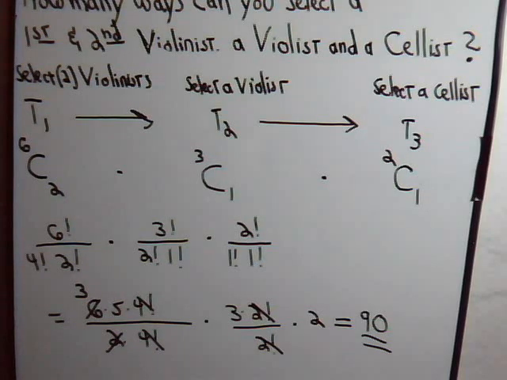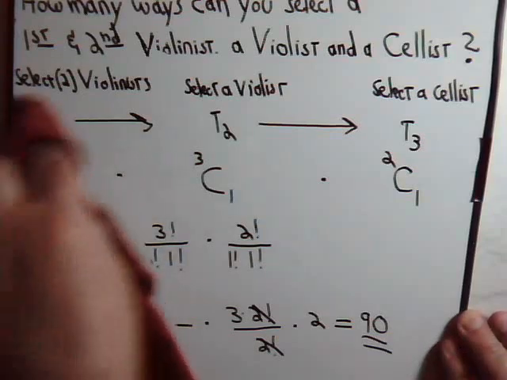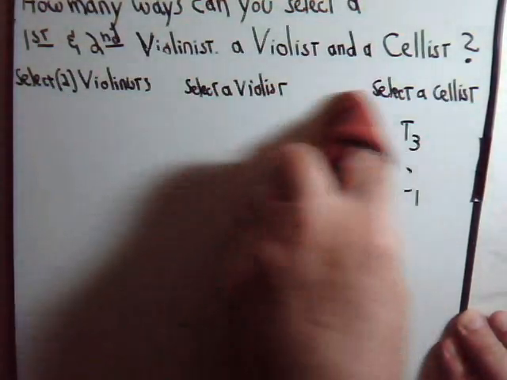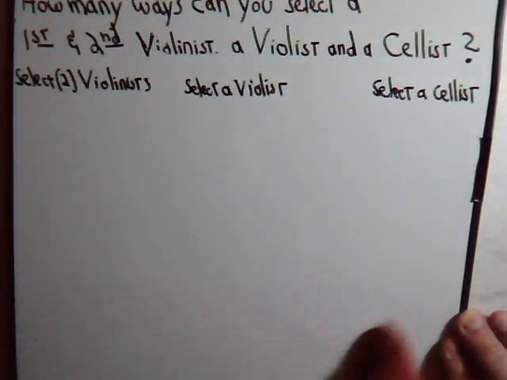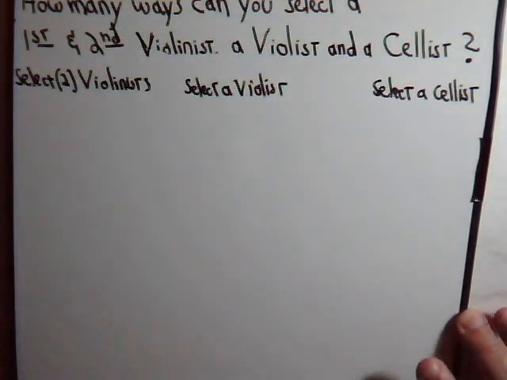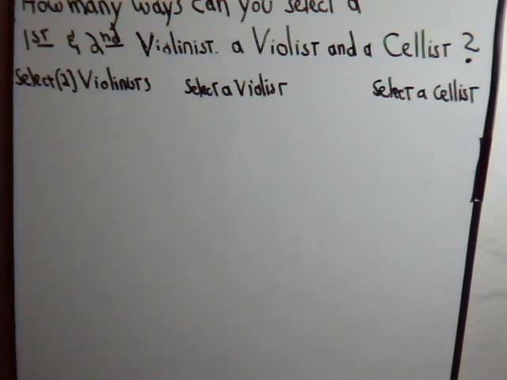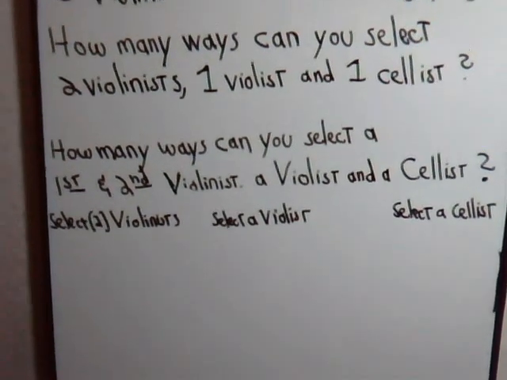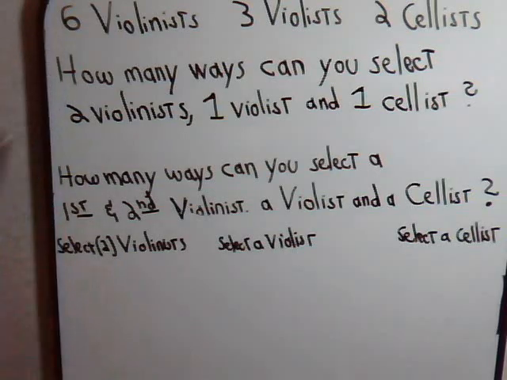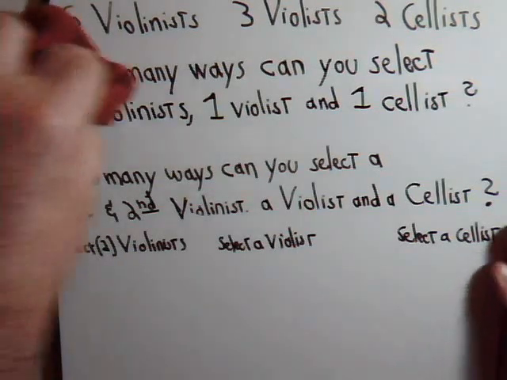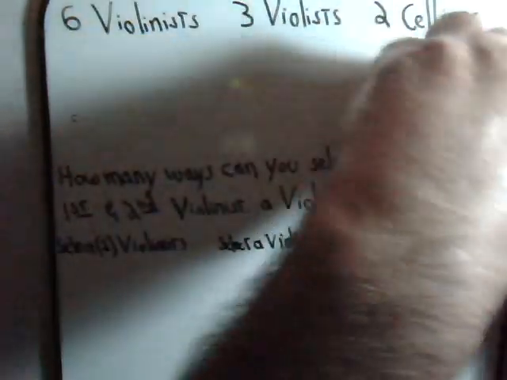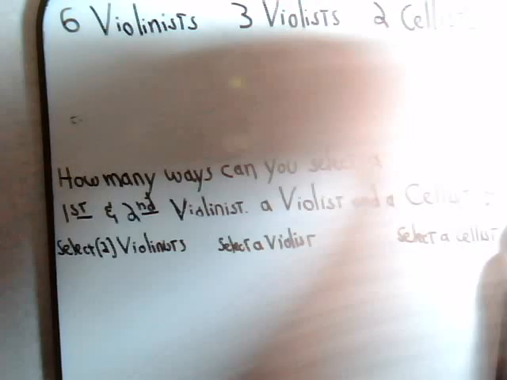Now let's take a look at the second part of the problem. Here we have to select a first violinist and second violinist. So we're still selecting two violinists from among the six. Let's just erase this. That's 90 to answer that question.